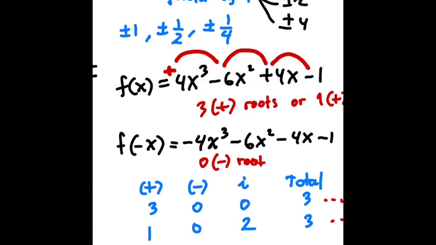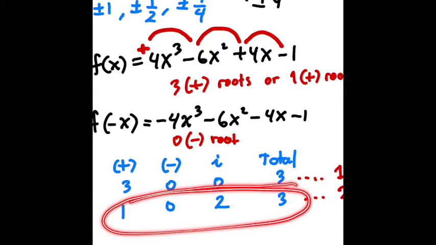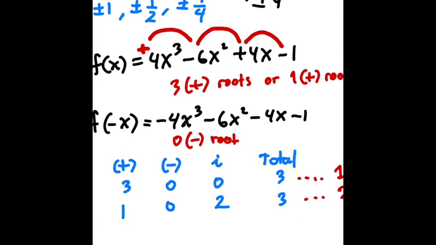So if it has 3 positive zeros, total 3, there are no other roots. Okay, that's this first case. Okay, second case, it may have 1 positive zero because there are 0 negative roots, and then the other 2 will be imaginary. So it's resulting in this case.